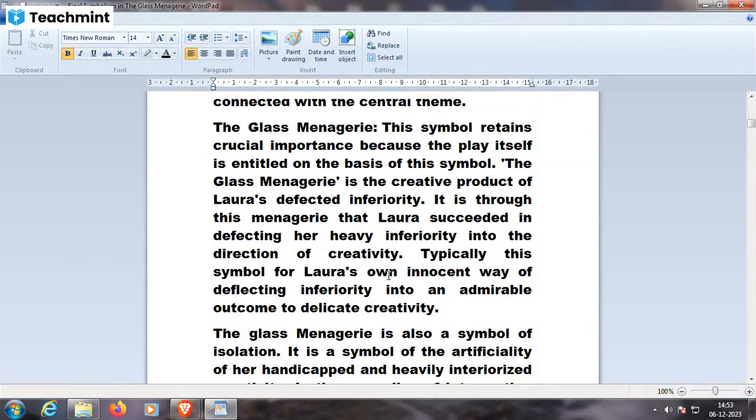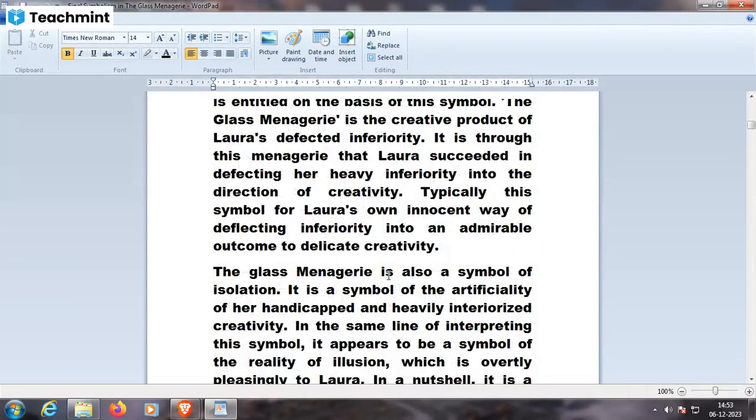The glass menagerie is also a symbol of isolation. It is a symbol of the artificiality of a handicapped and heavily interiorized creativity. So, in the same line of interpreting this symbol, it appears to be a symbol of the reality of illusion.